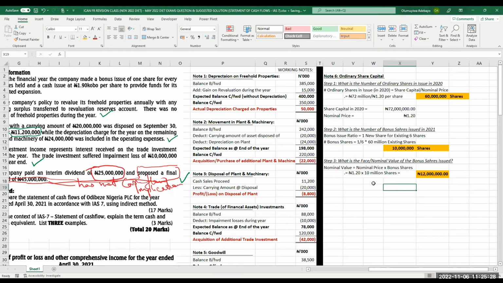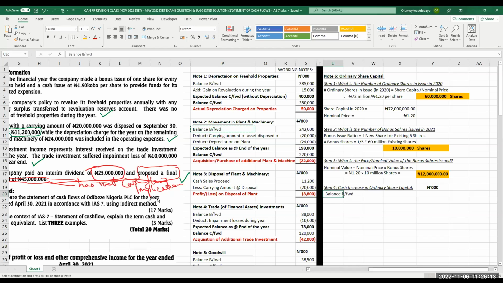Now we need to look at it. Step 3 or step 4. Let's look at cash increase in ordinary share capital. What is our balance brought forward?